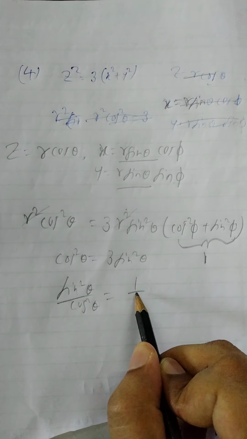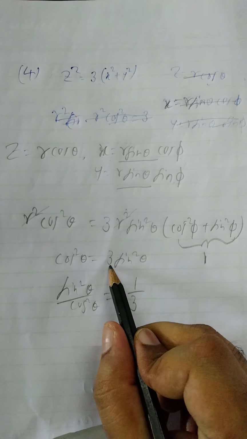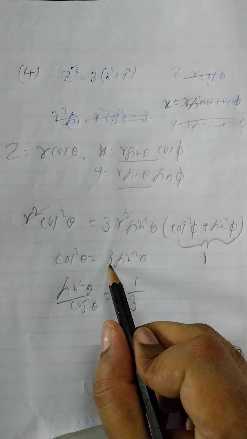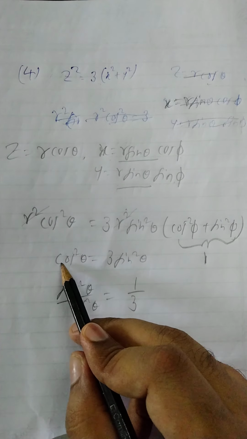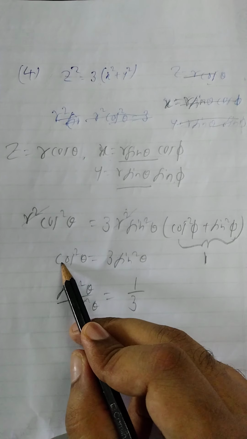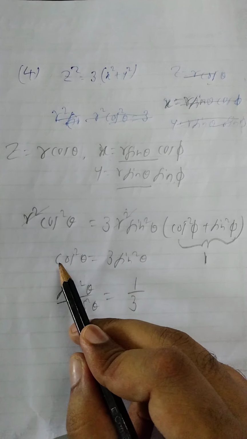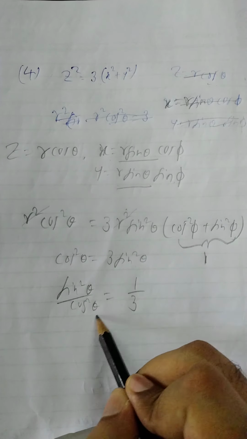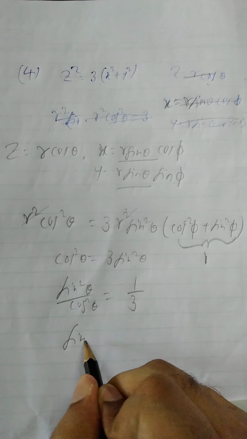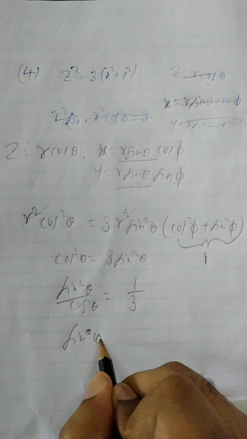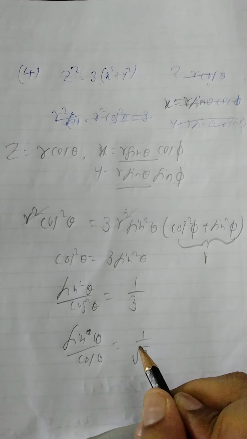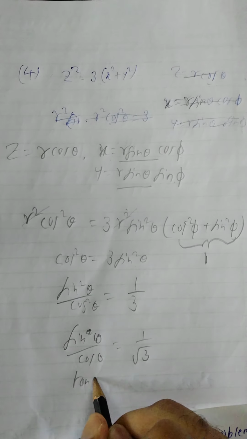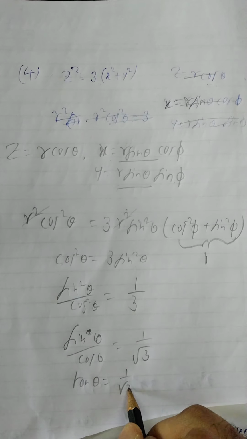1 by 3. The 3 in the numerator will go to the denominator on the left side, and the cos square theta on the left-hand side will go to the denominator on the right-hand side. That's why sin theta by cos theta is equal to 1 by root 3. We are taking the root, that means tan theta is equal to 1 by root 3.